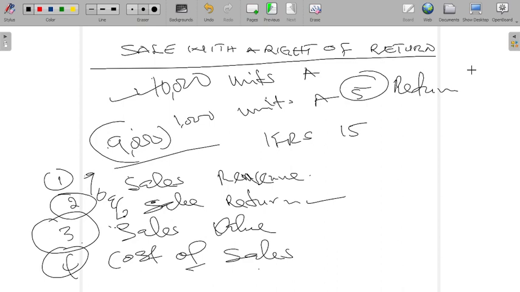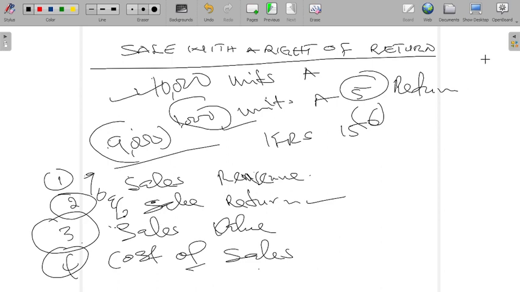The percentage of the carrying amount of the items that you are expecting from the customer, you are now to recognize it under current assets. In this case, you see we have 1,000 units. So the carrying amount of this 1,000, you are to recognize it there.